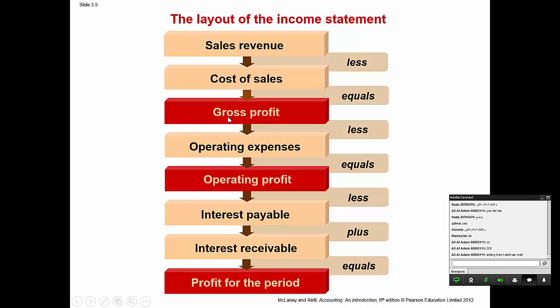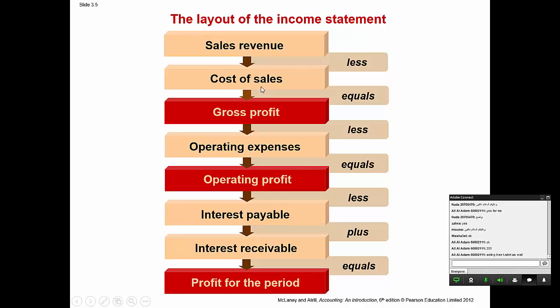Okay, this gross profit is not the net profit. There are some differences between gross profit and net profit, because gross profit can only be found by removing the cost of sales from the revenue.